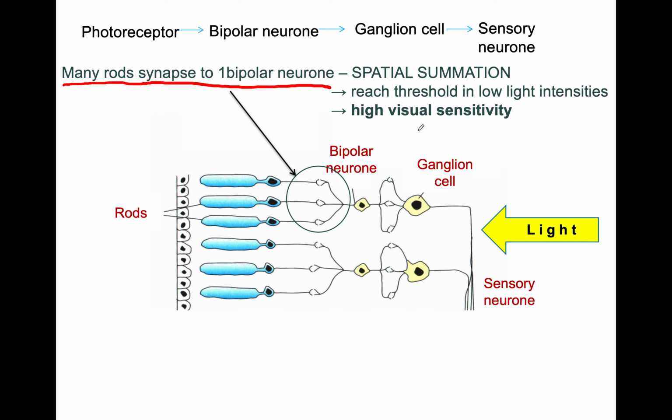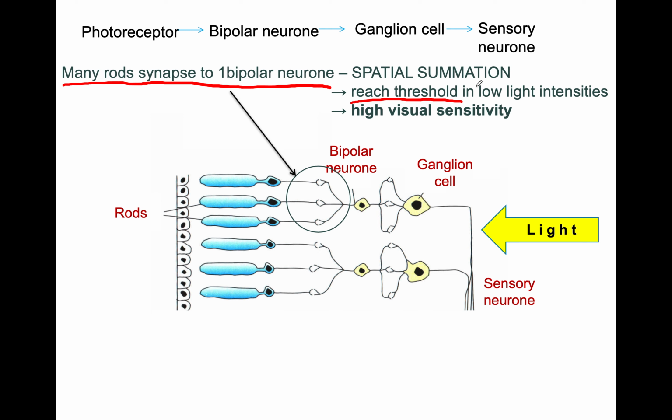And if you remember back to the other lesson that you did on the nervous system, you'll know that when more than one presynaptic cell forms a synapse with a single postsynaptic cell, we call that spatial summation. Now the advantage of this, and the purpose of it, I suppose, is that it increases the likelihood that the threshold potential will be reached.